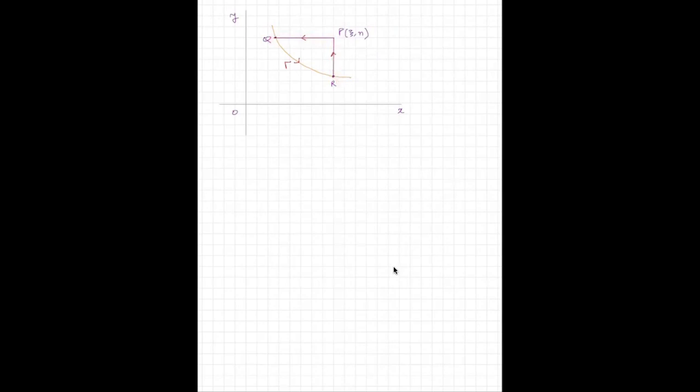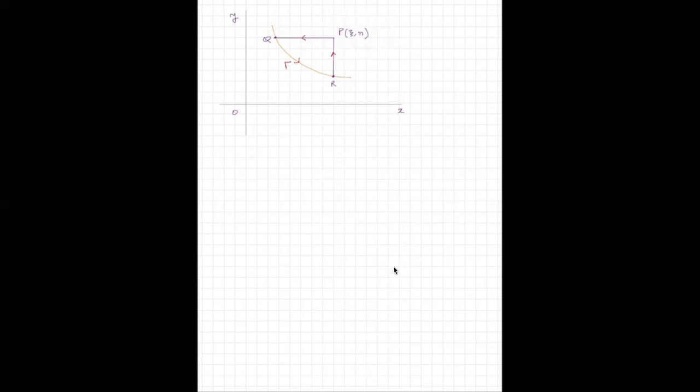We will assume that u, u x, u y are prescribed along this curve gamma.